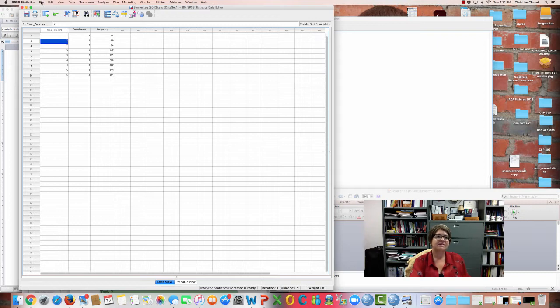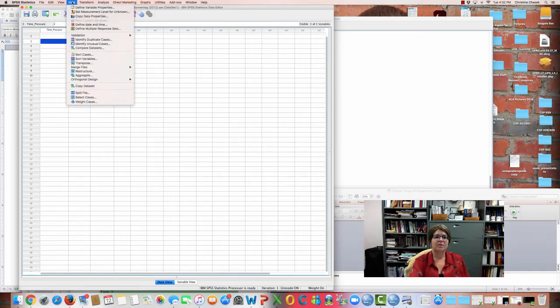So first we have to tell SPSS that we need to weight all of these cases, because it doesn't know what you're asking it to do. It's used to seeing all the zeros and ones and all the data plugged in individually. This is just a time saver.